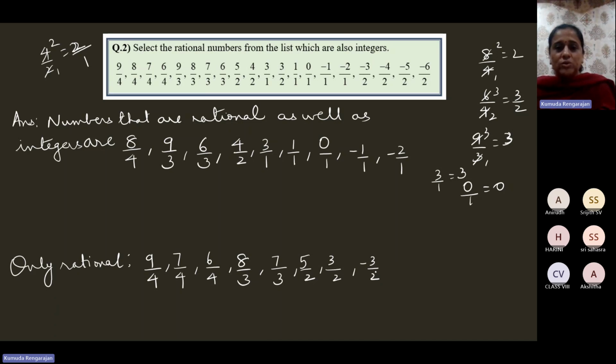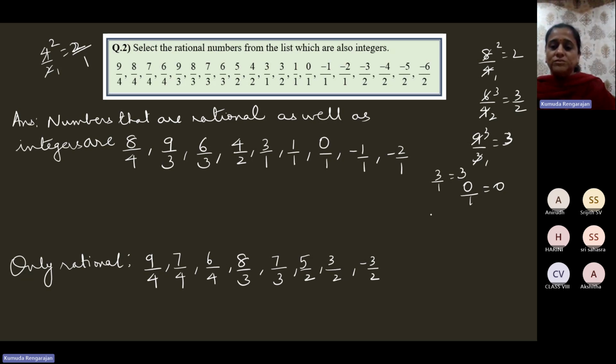Do you count 3 by 2? No, you don't use 3 by 2 for counting. So minus 3 by 2 is not a natural number. If it is not a natural number, it cannot be the negative of a natural number, because it's not a natural number in the first place. And it's not 0. So it does not satisfy the definition of an integer, and hence it's not an integer.